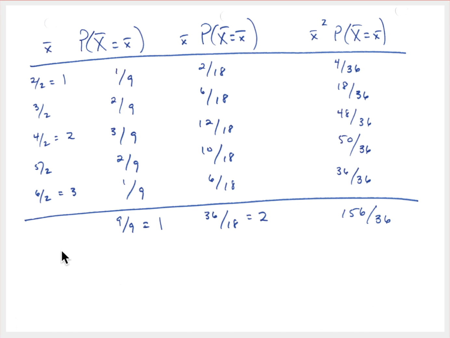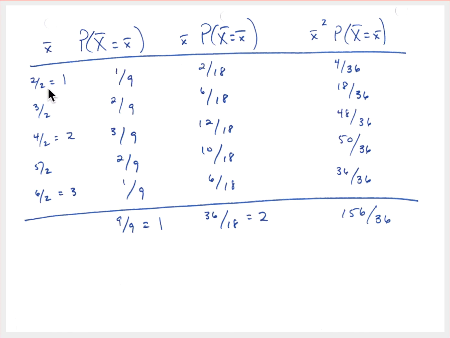Now we want to compute the mean and the variance of this sampling distribution as well as the standard deviation. All right, and so we do that using the techniques that we've learned in this course up to this point. So again, I've got a column here where I've got X bar times the probability that the random variable X bar takes on that value.